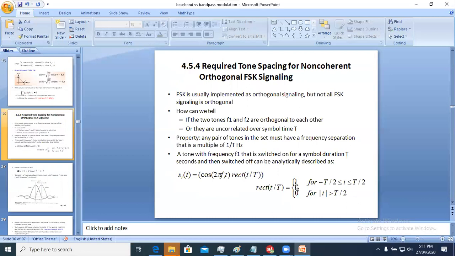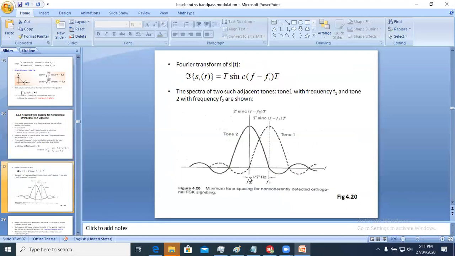We see that the frequency spacing between two consecutive tones is 1 by T hertz. Because we are using the rectangular filter and we have the sinc pulses, these sinc pulses represent the tones, and the spacing between two consecutive tones is 1 by T hertz.